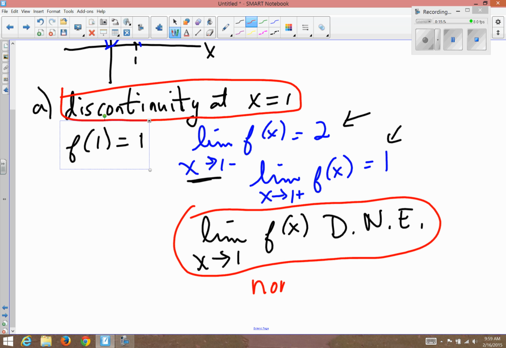It is a non-removable discontinuity. To be a removable discontinuity, the limit of f of x as x approaches 1 would have to exist.